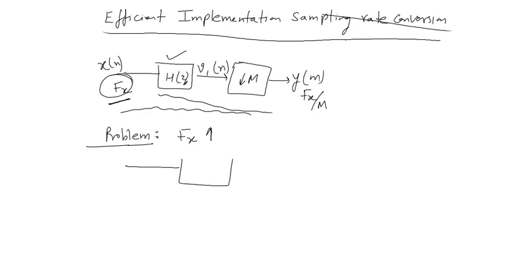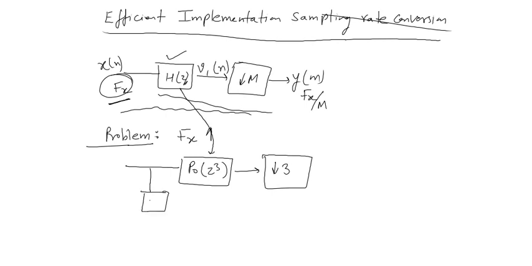So the first component will be P0, z to the power 3, and then downsample it. Okay, so I have replaced this filter by a 3 component polyphase structure. So this will be P1 of z to the power 3, and then you are downsampling it by 3. So m, I have taken as 3 here.